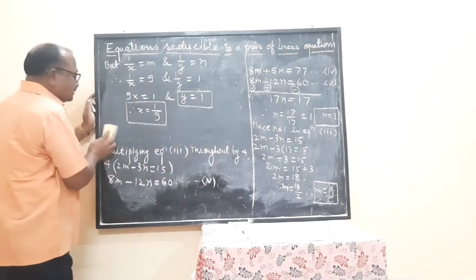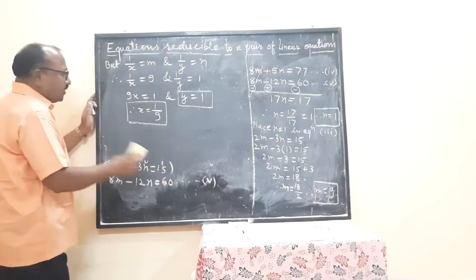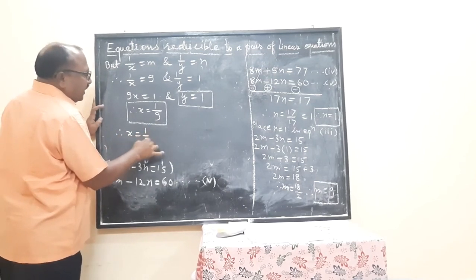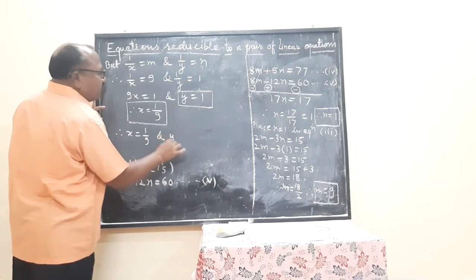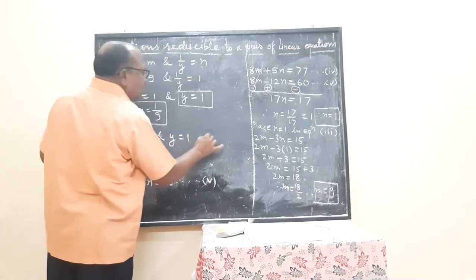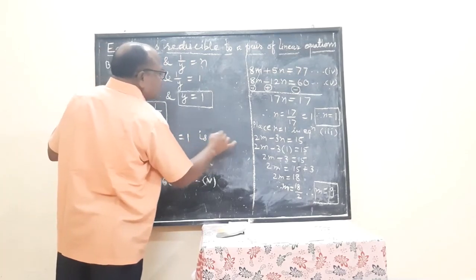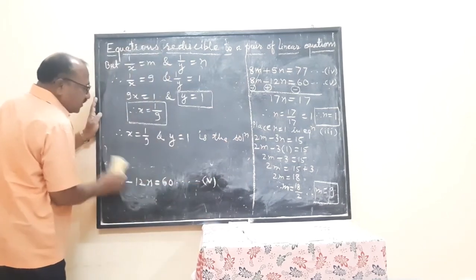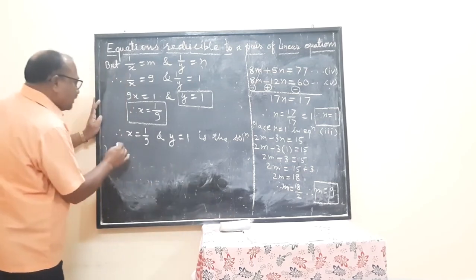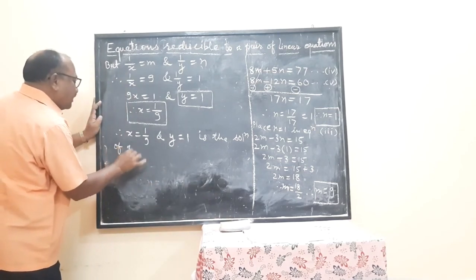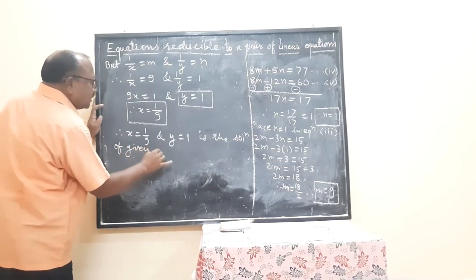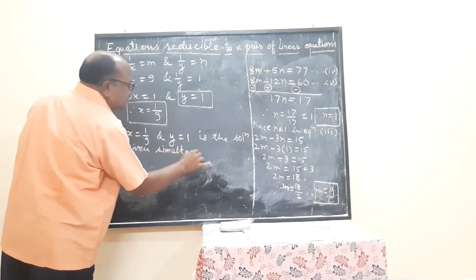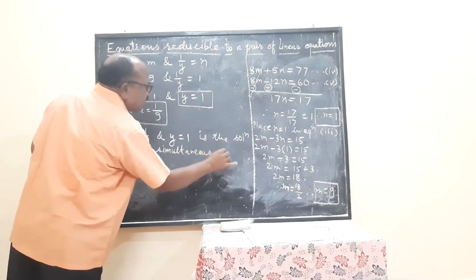Therefore x equal to 1 upon 9 and y equal to 1 is the solution of given simultaneous equation.